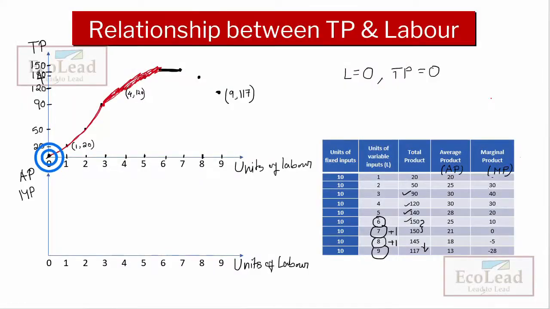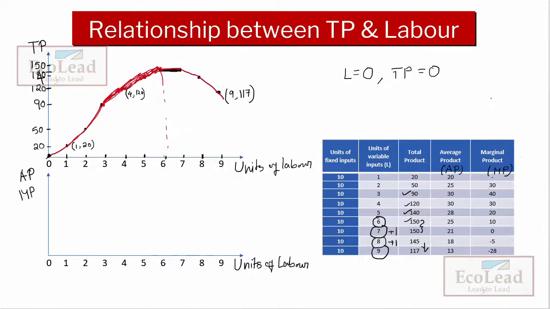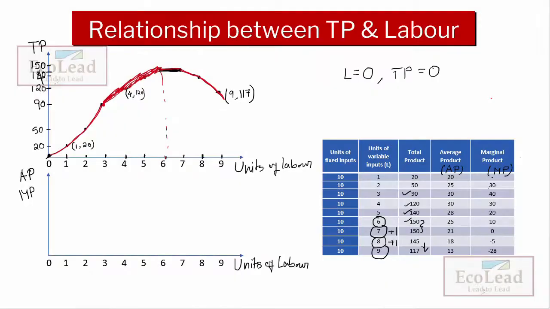Now after that, when we are at the 6th unit, meaning we have engaged 6 units of labor, the total product became saturated, meaning there is no change in total product, and after that the total product curve has declined. So we can see a part of the curve which is going down. Clear? So this is the curve for the total product.